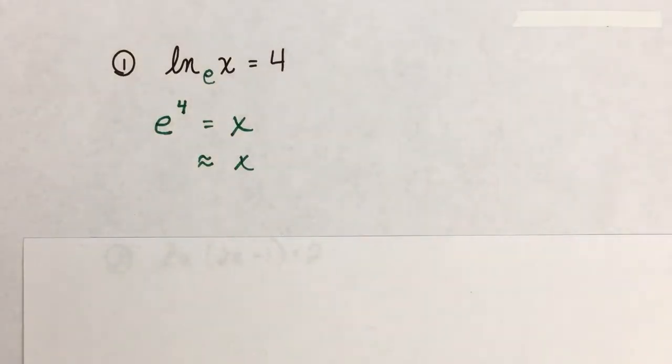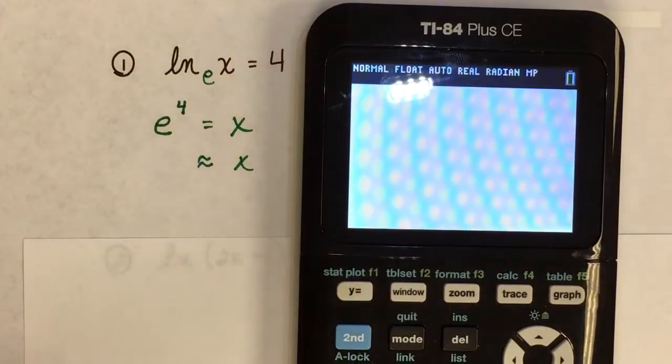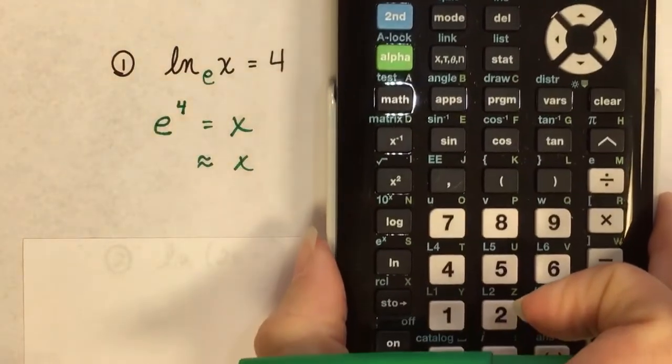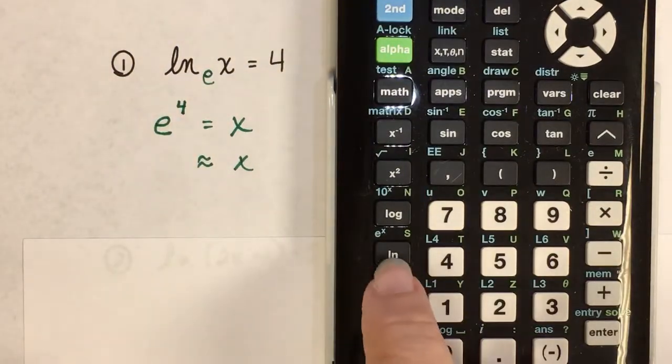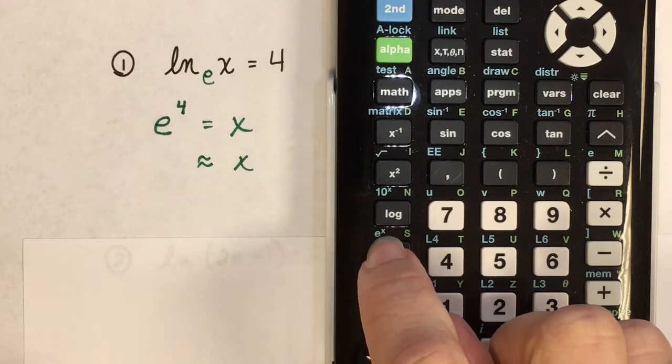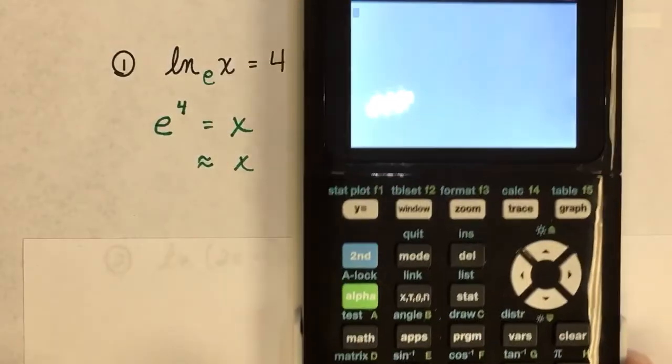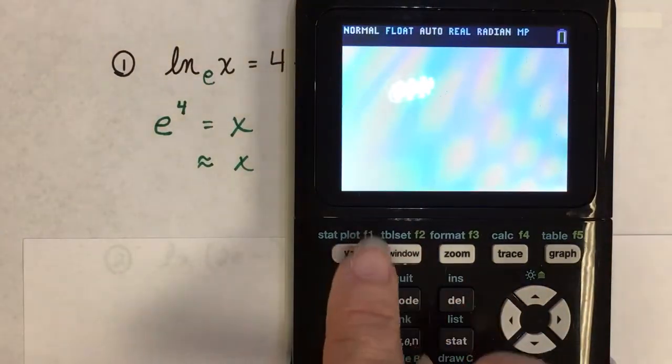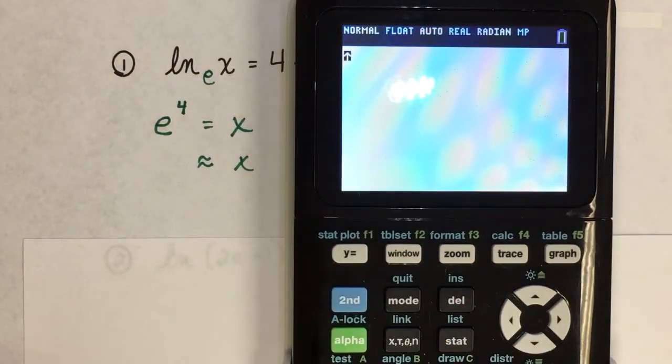I don't remember specifically what it asked for, but when you enter this in your calculator, your ln, if you find your ln key, see right above it is your e to the x, which we had used before. So you would need to hit your second function and then hit the ln key.